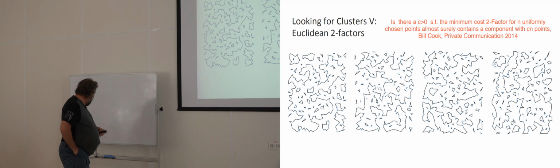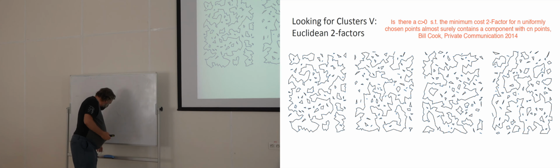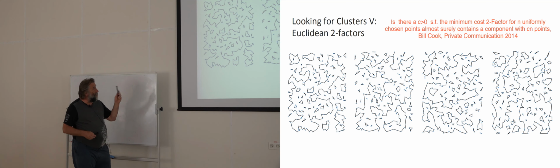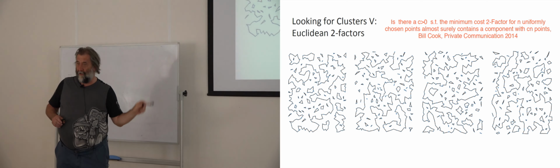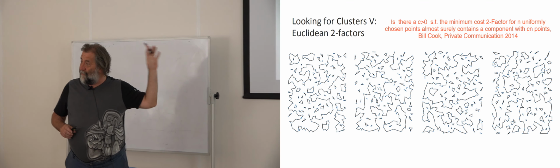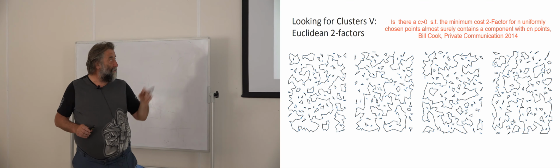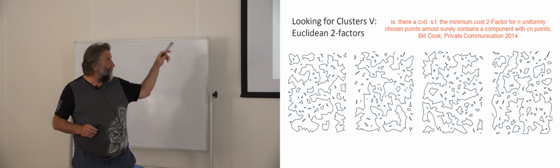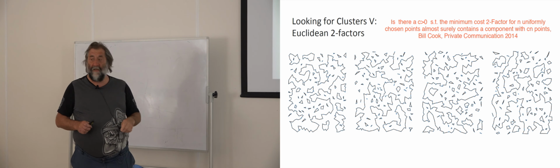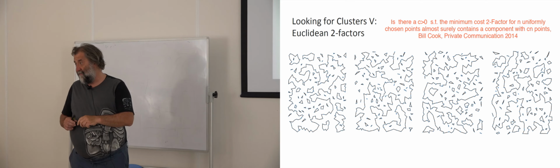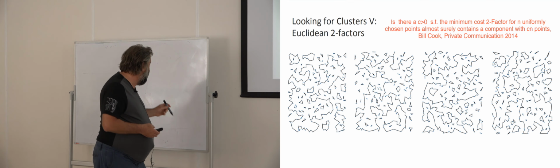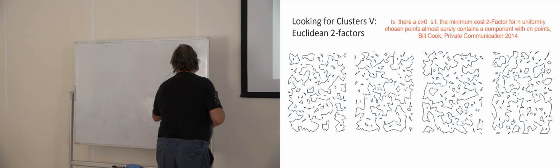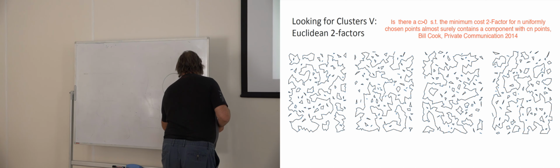But in finding the optimal solution, what you typically do is you find the lowest cost, not a single tour that goes through all the vertices, but a two-factor, or 2-regular graph, if you like, that goes through all the vertices, which has minimum cost, which can be done efficiently. And then you try to patch that up to get a Hamilton cycle.